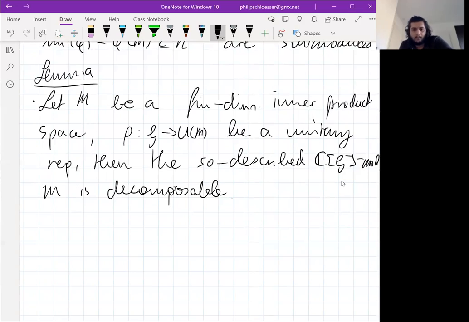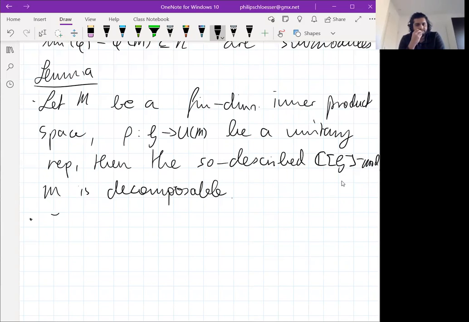Also note that if you don't have a unitary representation, but for example a finite group or a compact topological group with a continuous representation, then you can always define another inner product that makes this representation unitary. So you also get this same result under slightly weaker conditions.